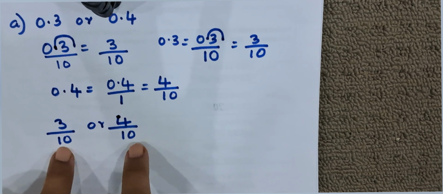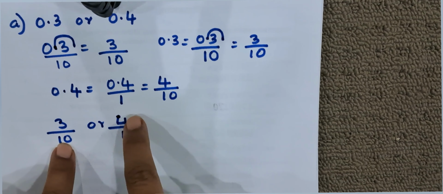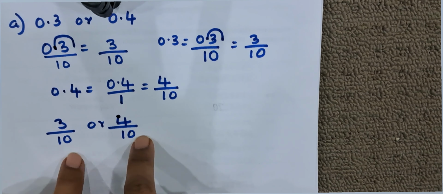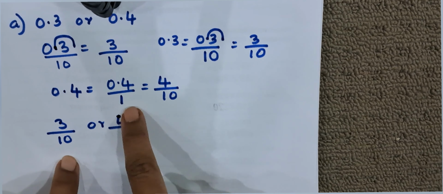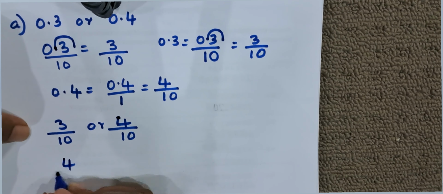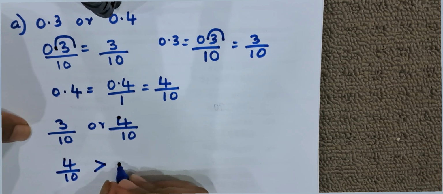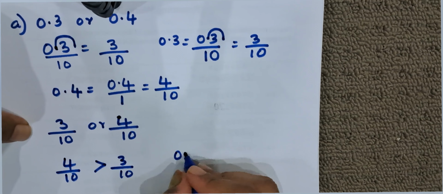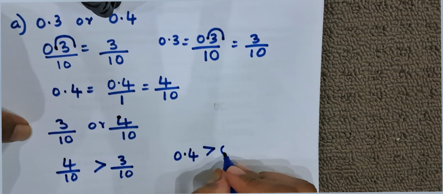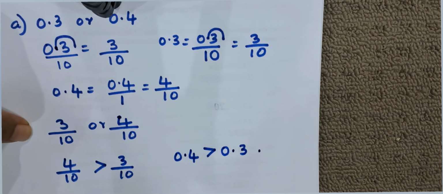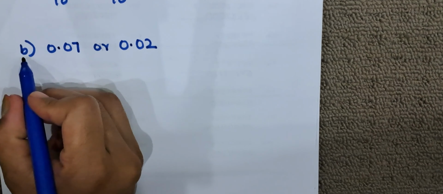The bigger numerator is 4. So 4 by 10 is greater than 3 by 10, which means 0.4 is greater than 0.3. This is the answer.